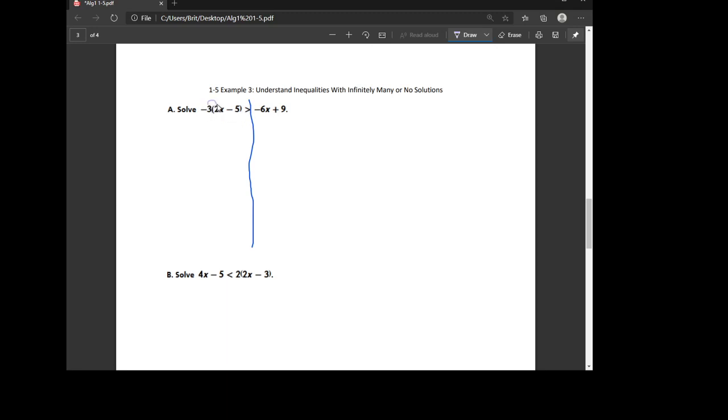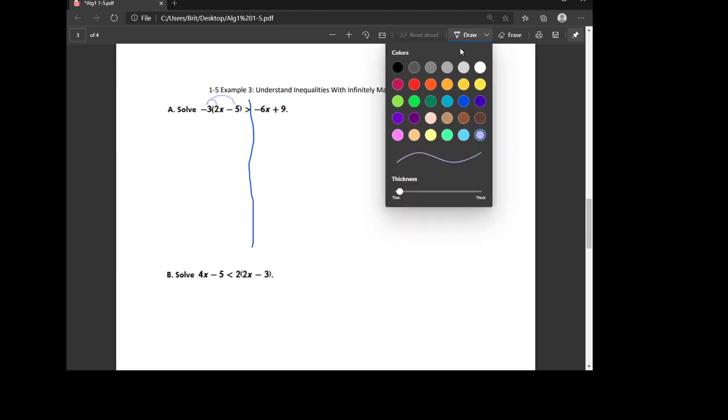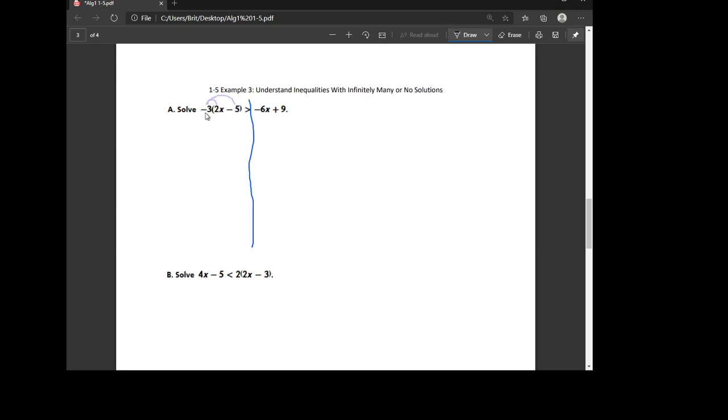I'm going to take this -3 and distribute it across that set of parentheses. So -3 times 2x is -6x, and -3 times -5 is +15. And I have that is greater than -6x plus 9.